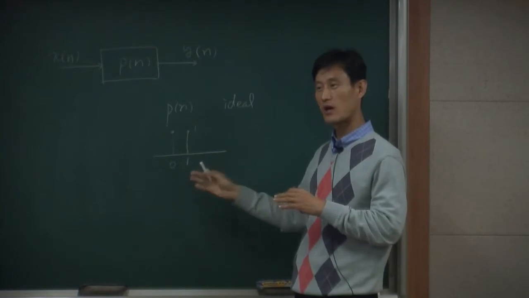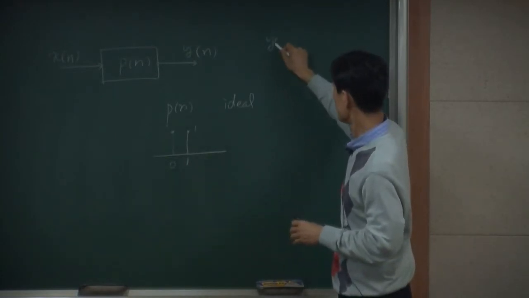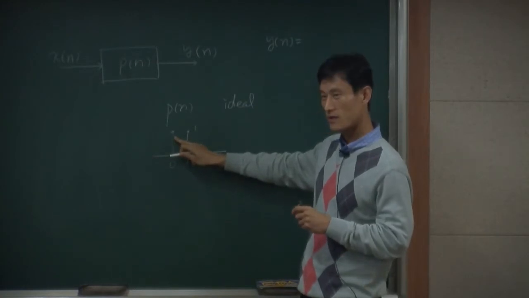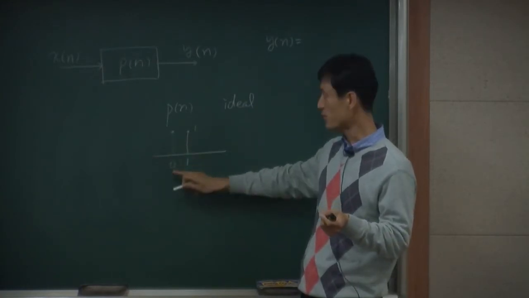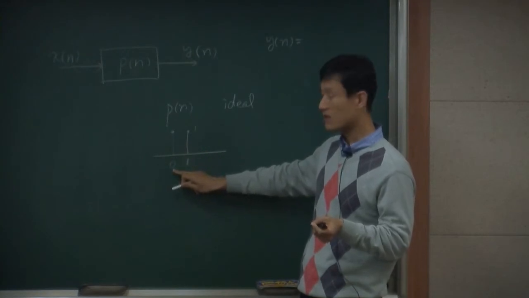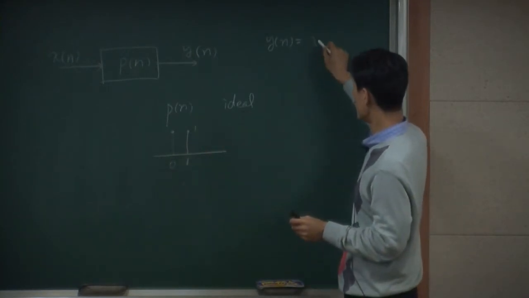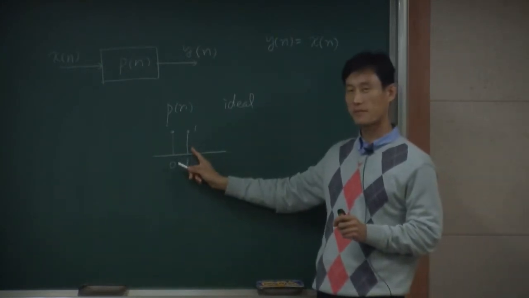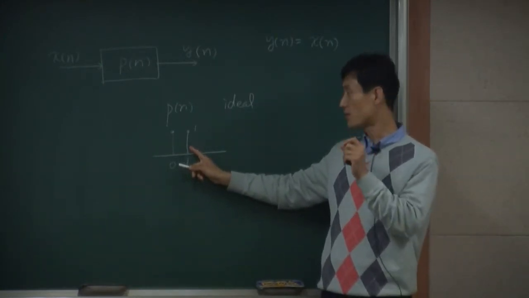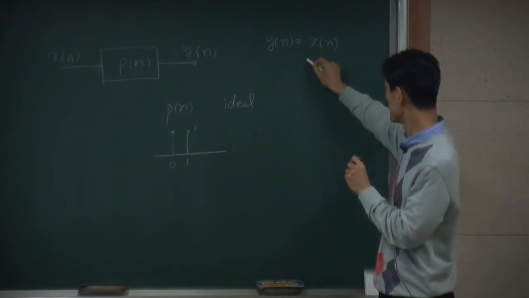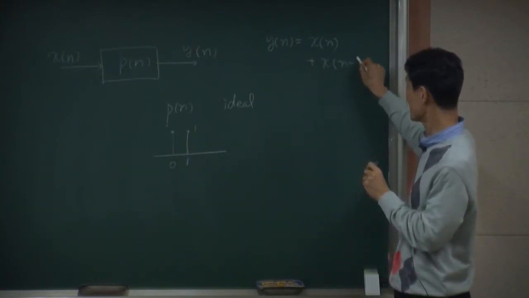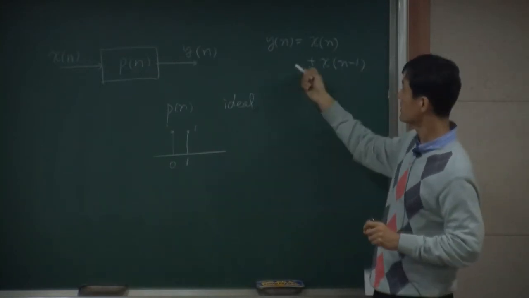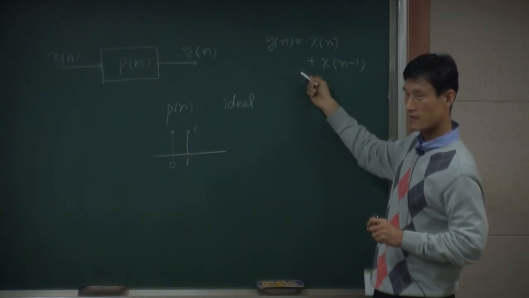You're adding 2 outputs, yn. What is the output if we have only this one? Then it's xn, because this one has no delay. Therefore, the output is xn. However, we have one more tap. The output from this tap is going to be xn minus 1. So if we have this impulse response, we get this output, right?